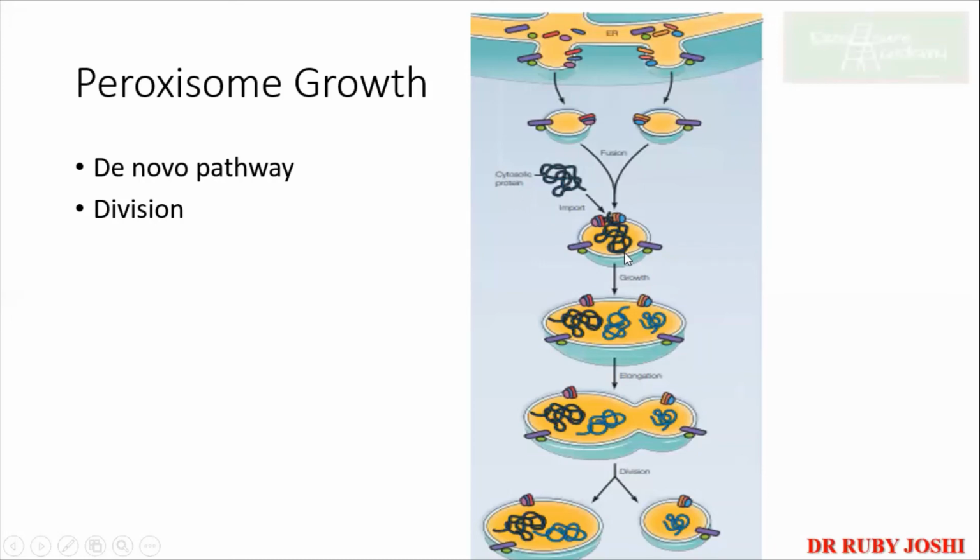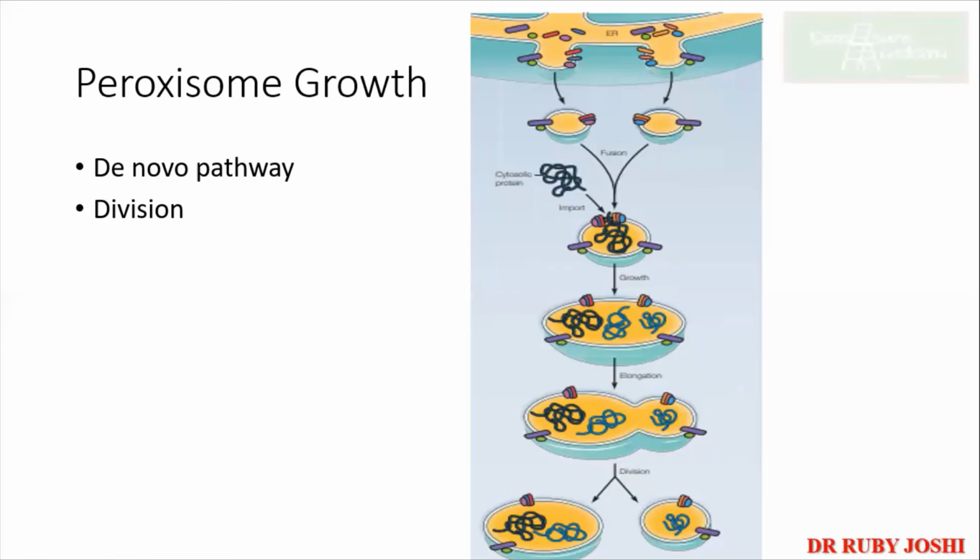Now what happens after this is that they keep on growing. Growing means more lipids will be added and more proteins will be added, correct? Then, like a bacterium, it will divide, and you will have two copies of the peroxisome. This is how the number of peroxisomes increases in the cell.